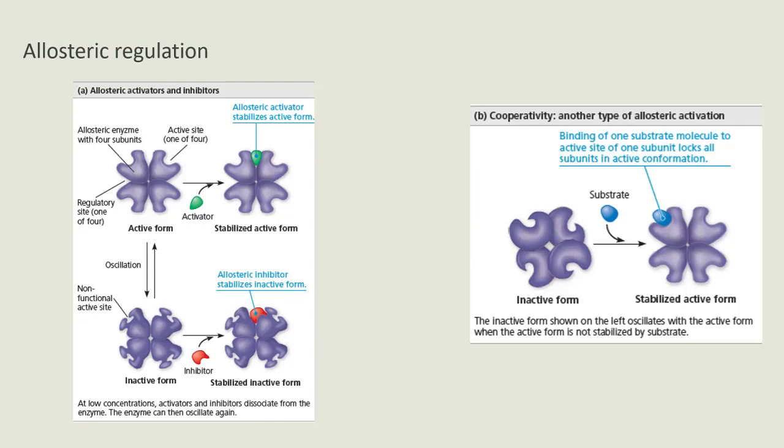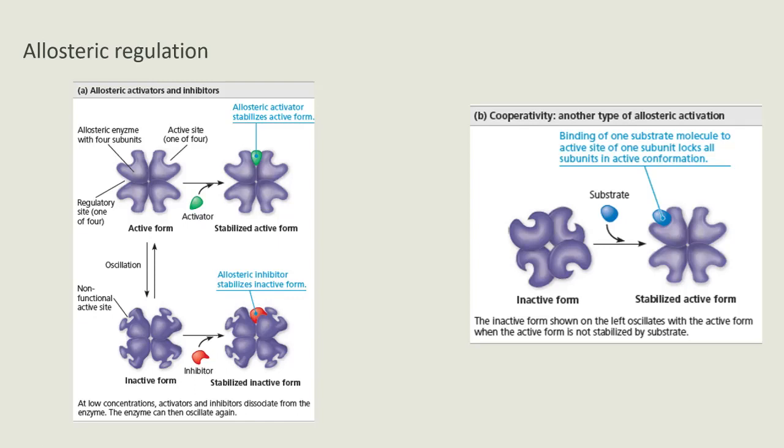Then we have something that is called cooperative regulation, which comes with the idea that a substrate will be binding to a specific place. When the first substrate binds to one of these spots within our enzyme, the very idea of it binding to that enzyme will stabilize the active form, allowing more of its counterparts to bind to the same enzyme.